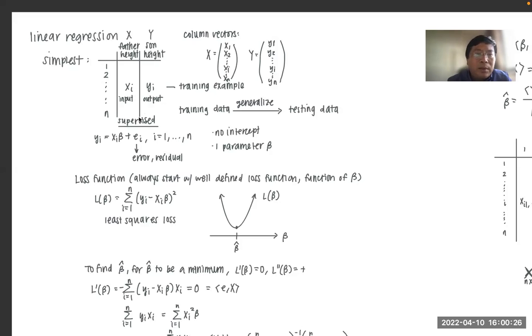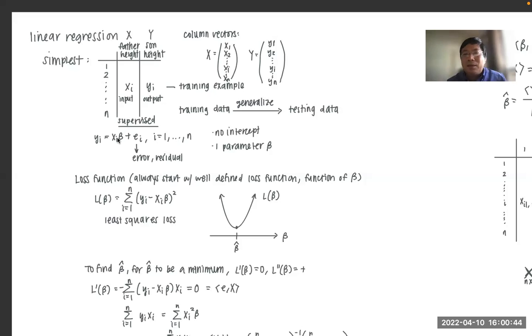And for this simplest regression model, suppose we want to learn beta. So one important lesson for machine learning is that you always start from an objective function, or sometimes people call this a loss function.